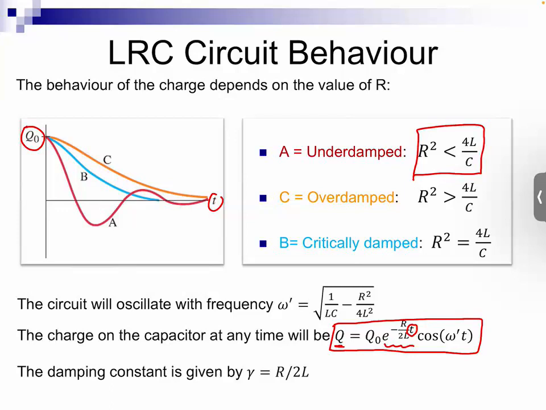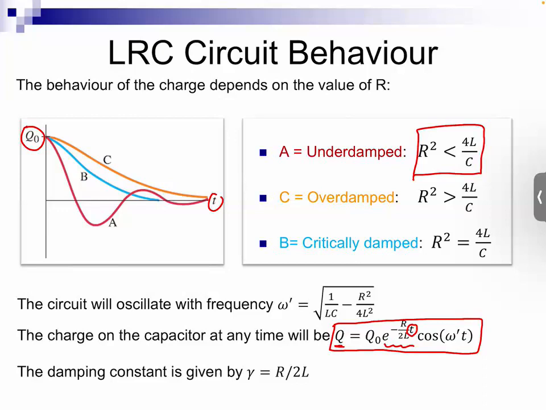Okay. And for the critically damped case, where R squared is equal to 4L over C, we call this the critically damped case. So you have a slower dissipation in charge, but still there's no oscillation. So maybe some energy reaches the inductor, but not enough to be stored in the inductor.